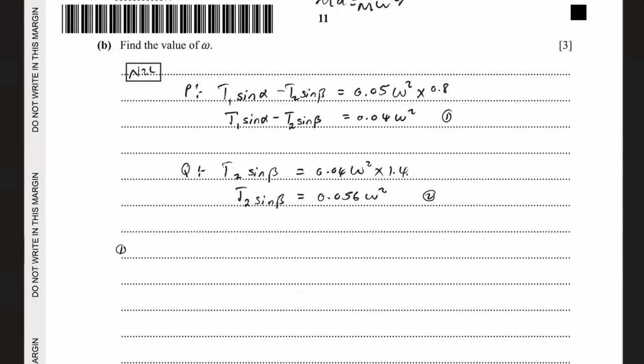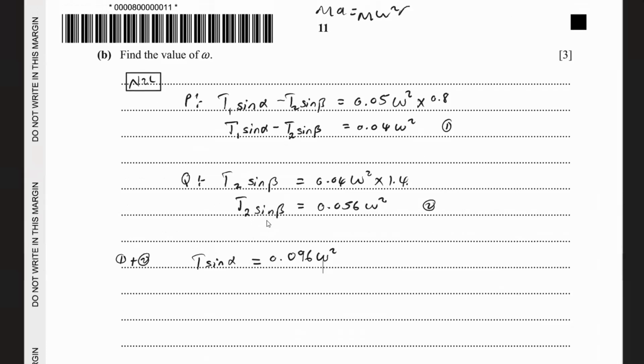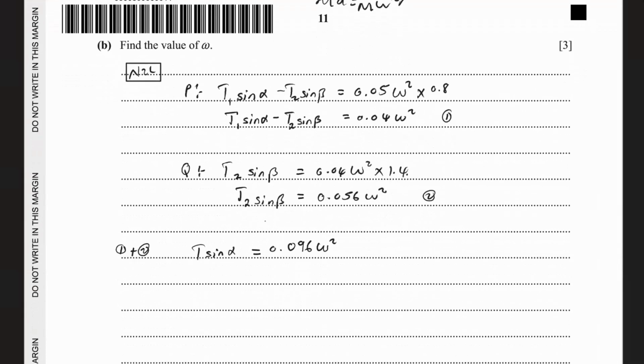So if we say 1 plus 2, we have T sine alpha, and this minus this plus this gives us 0. Then we will add this, and they will give us 0.096 omega squared sine alpha. Okay, we actually have these values, right?